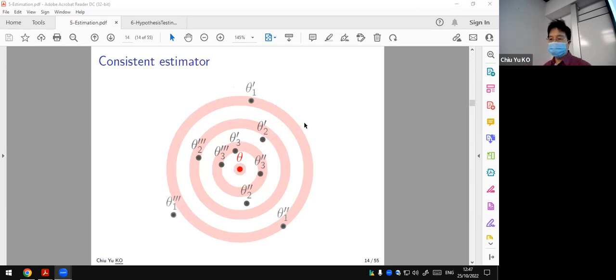In this graph, the subscript 1 is sample size 1, which is much further outside, and clearly the way I drew this graph, it's not unbiased, so it's biased. If you look at the 1, and this 3 in the middle is somewhere here, it is biased.